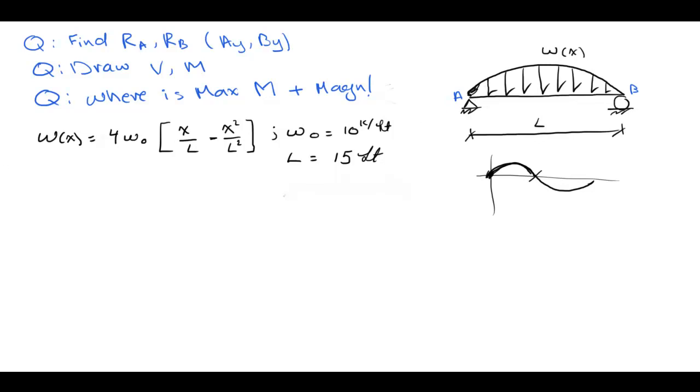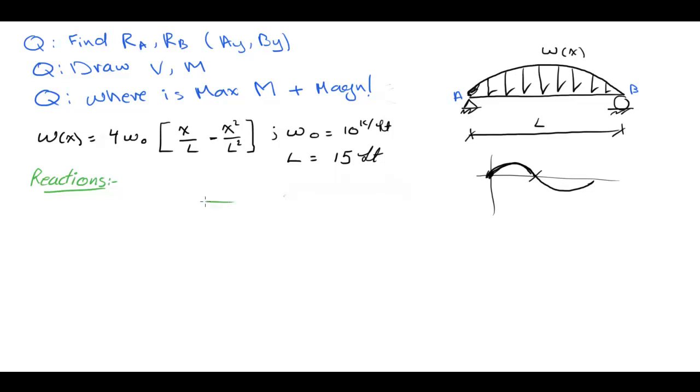Okay, so let's go ahead and start calculating the reactions. The way we used to do the reactions is by transferring the distributed load into a single force that acts through the centroid.